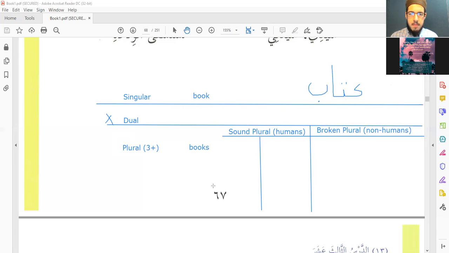So that means that we have a sound masculine plural and we have a sound feminine plural. The sound masculine and sound feminine plural are super, super easy. You probably already know them, at least intuitively, from the different ayahs or the dua that you know. Okay?